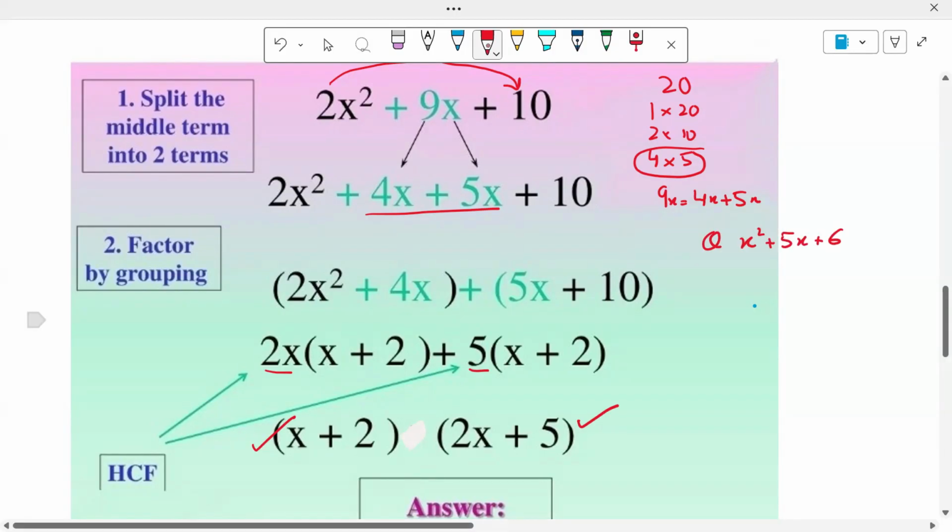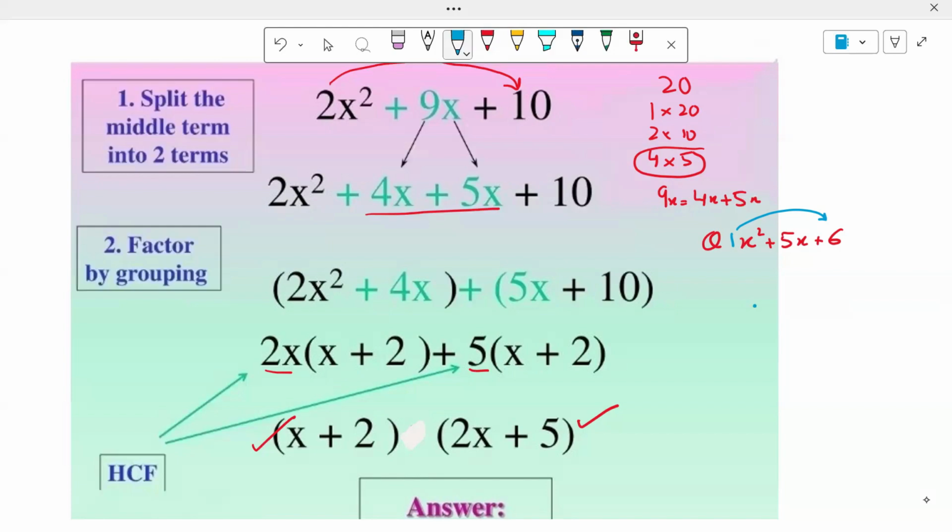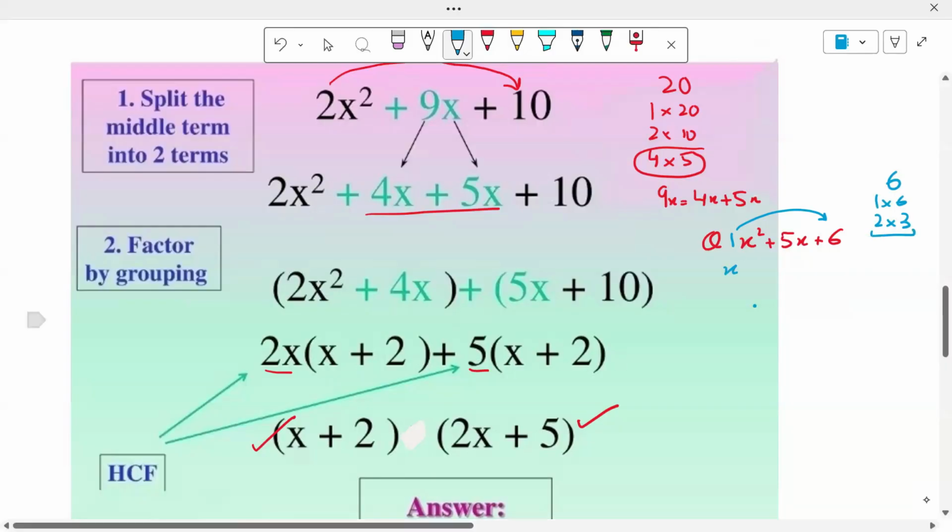Let's try out some more examples for breaking middle term. X squared plus 5x plus 6. Now over here, the coefficient of x squared is 1. So 1 into 6 gives us 6. Let's check the paired factors. 2 plus 3, we are going to select. We need 5x, so x squared plus 2x plus 3x plus 6.